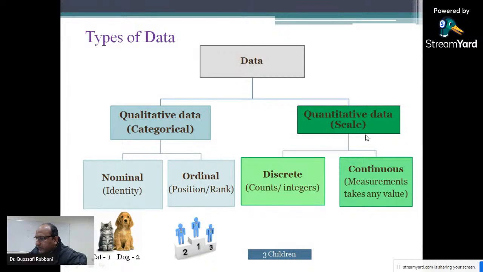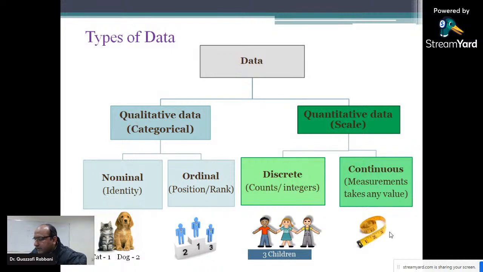Now the quantitative data or scale data can be classified into two ways: discrete and continuous. Discrete data is the count, an integer or whole number. For example, there are three children. You can count one, two, three, three children. So three is the discrete value.